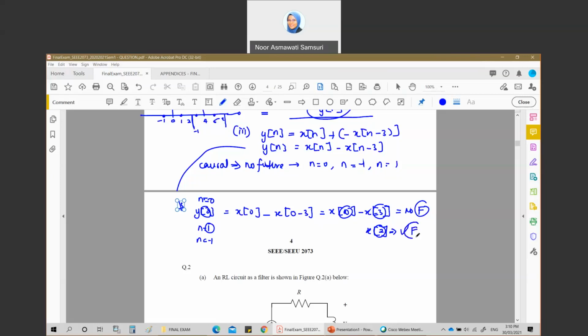So once you have future, then the equation or the system is non-causal. This is just an example. So you need to test these 3 n values with your equation. If you find there are no future values, then the equation is a causal system. So the answer for this one is causal, linear, and time invariant.